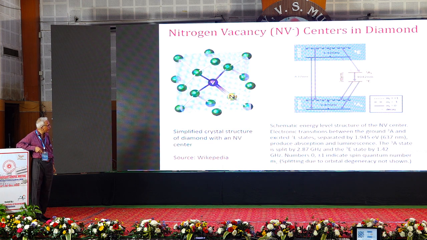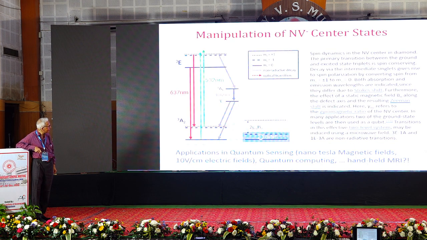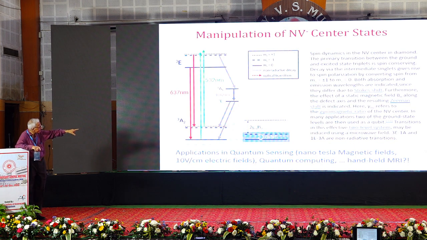And then if you put on a magnetic field, this thing will split in such a way that there are 2 of them which are close by, and then another one which is slightly elevated. And those 2 states you can use as a quantum bit, called a qubit. So this has all kinds of applications in quantum sensing, because you can achieve enormous spin polarization of these NV centers.